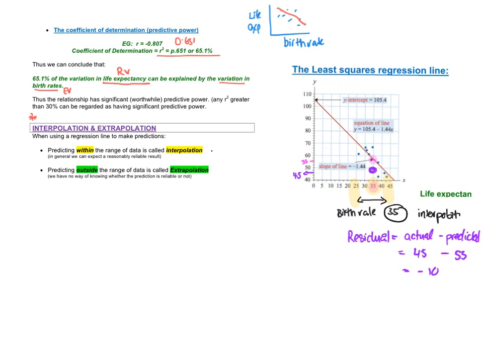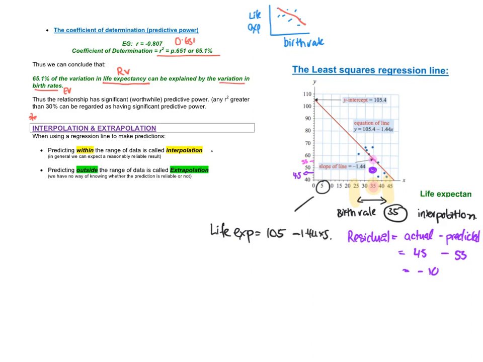What if I got asked to predict a country that had a birth rate of 5, say down here? I'd put into the formula, life expectancy equals 105 minus 1.44 times 5.